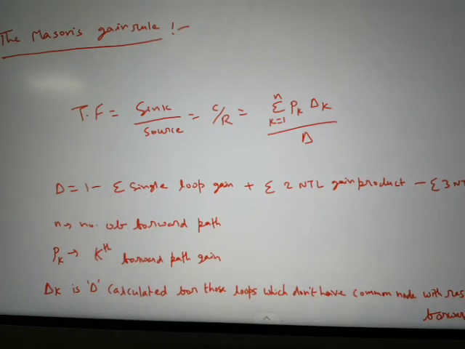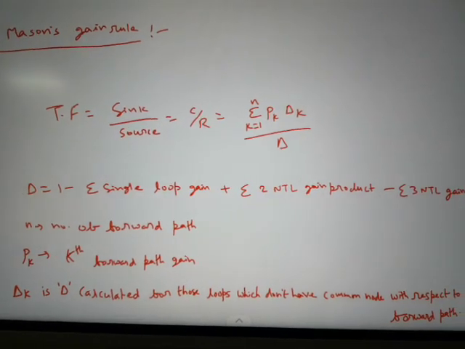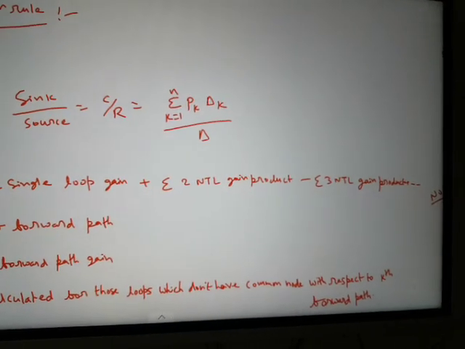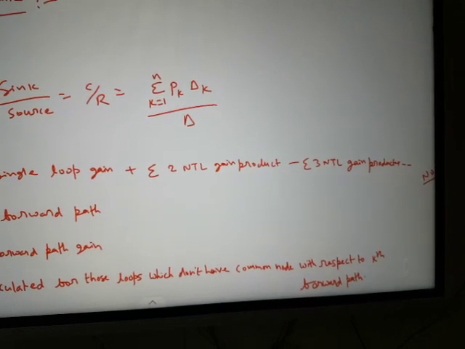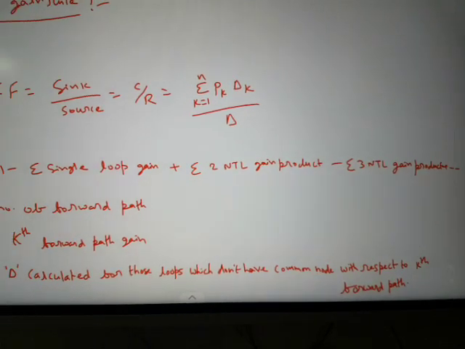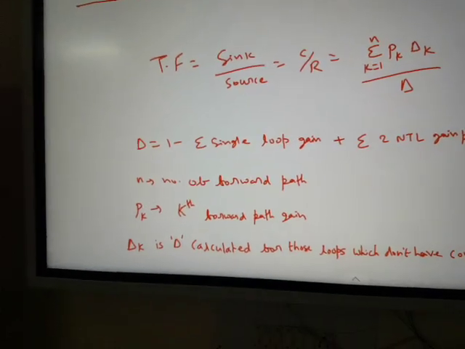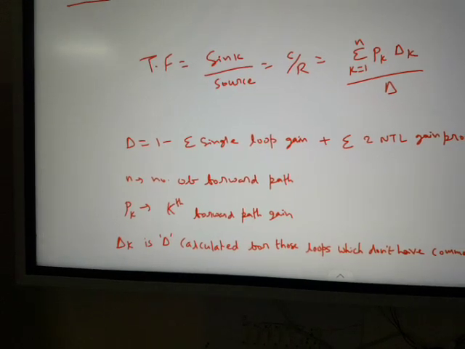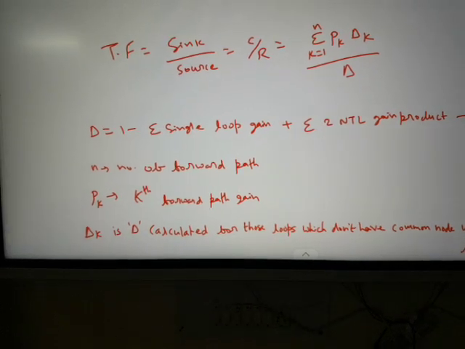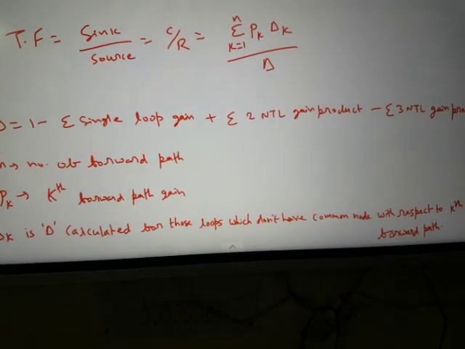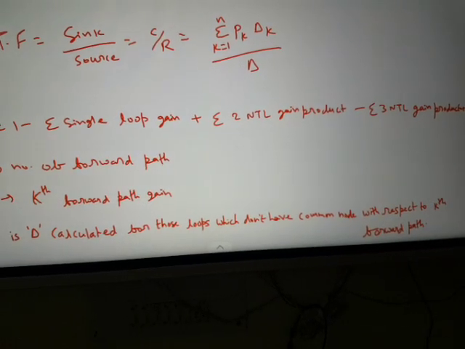Where delta is 1 minus summation of single loop gains plus summation of two non-touching loop gain products minus summation of three non-touching loop gain products, and so on. And here n is nothing but the number of forward paths, P_k is the kth forward path gain, and del_k is delta calculated for those loops which don't have a common node with respect to the kth forward path.